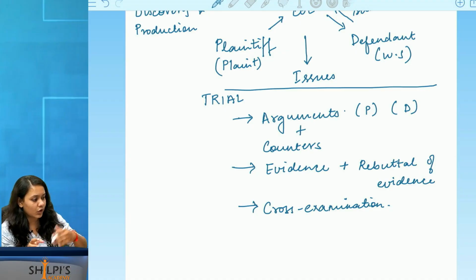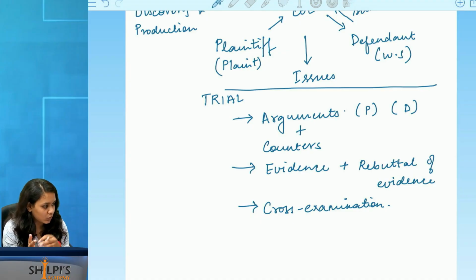They can simply authorize their legal representative, that's their advocates, to appear on behalf of them. Now, unless the court specifically says, no, I want the plaintiff before me, or I want to see the defendant before me, unless they specifically call for an appearance, these people need not turn up before the court.